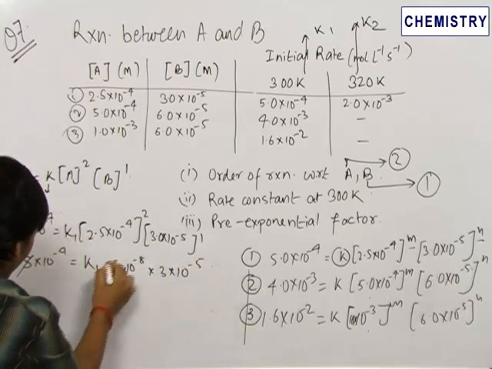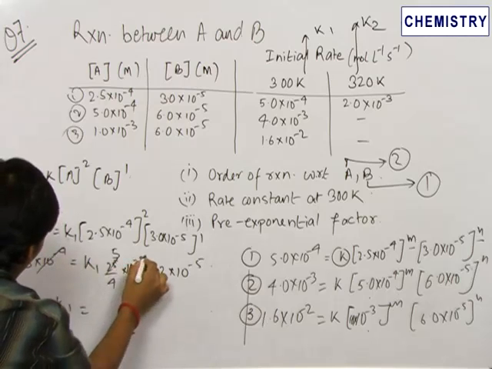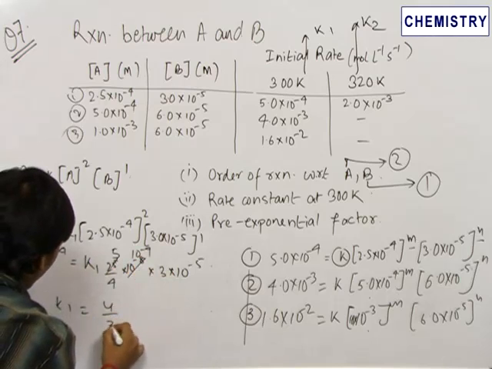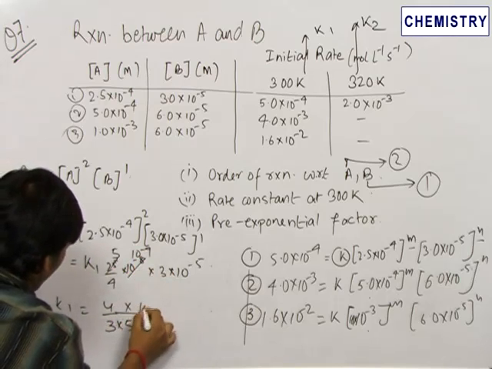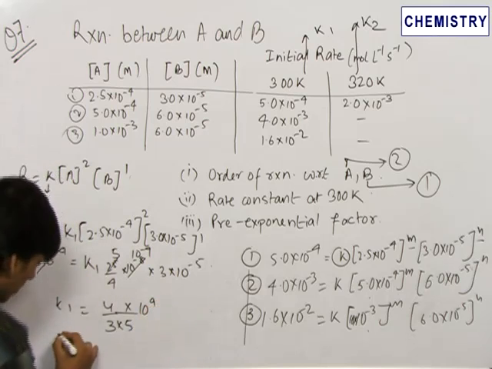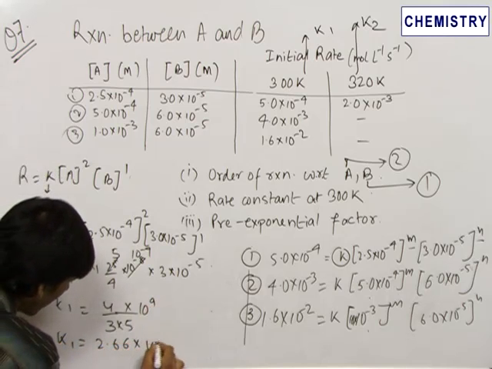On solving this, we get K1 is equal to 4 by 3 into 5 into 10 raised to power 9. This is equal to 2.66 into 10 raised to power 8.